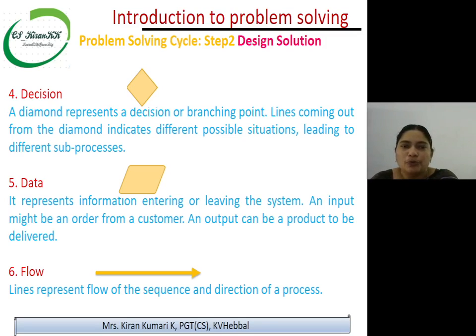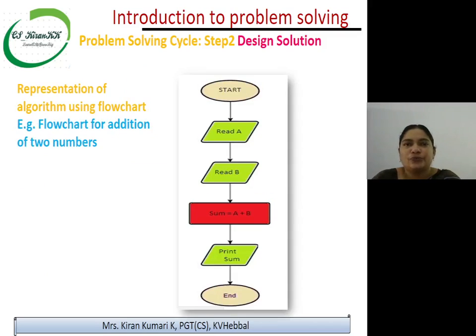For input and output we use a parallelogram, data. Then, in which direction will it go from this diamond shape, where will the thread of control take you? That is shown by an arrow mark, the flow. Arrow lines represent the flow of sequence and the direction of the process.